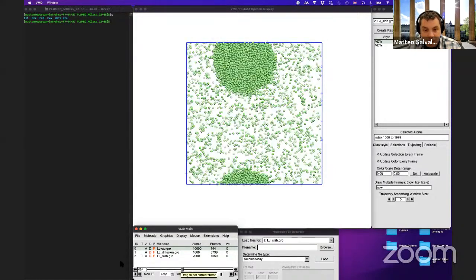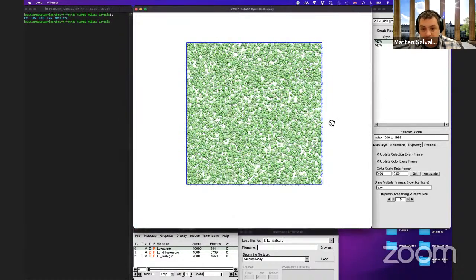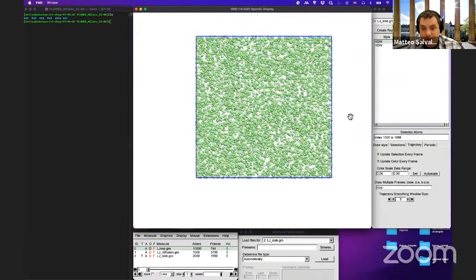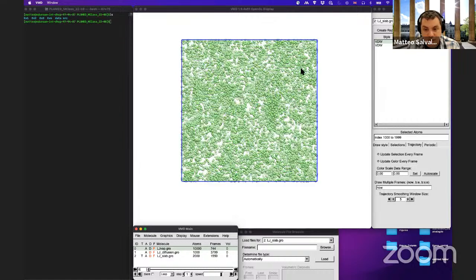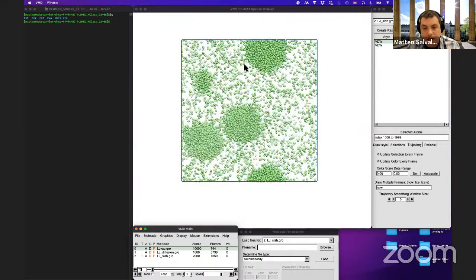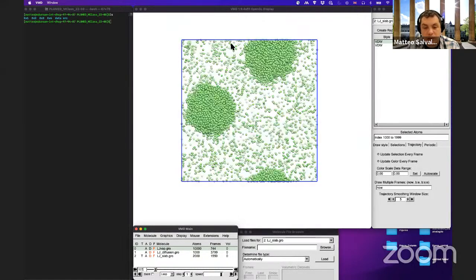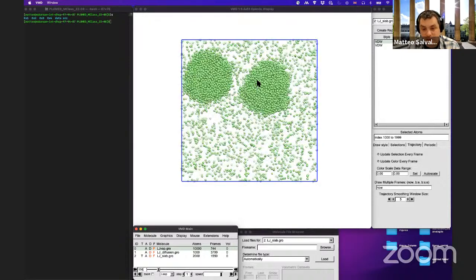So if we go back, at this point in time, there are no, or there's a very small number of liquid-like atoms based on a criterion on the number of nearest neighbors that every atom has. But as the simulation evolves, you see that clusters form, and then these clusters merge into a large spherical droplet.